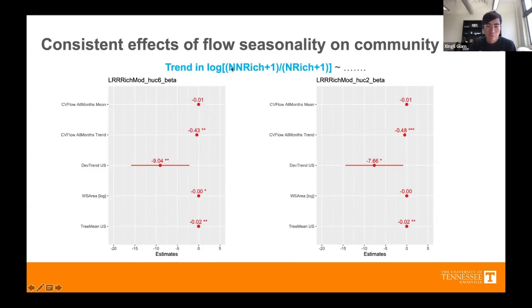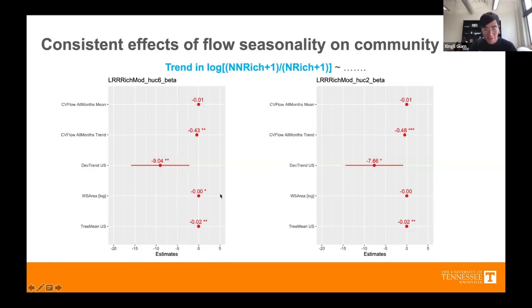This is the log response ratio of non-native richness to native richness, and we see the same thing: the CV flow trend, the flow seasonality being really important, is negative again. So as flow becomes less seasonal, more of the same through the year, I think what's happening is that it's favoring the non-native species and impacting the native species. So we see this effect.